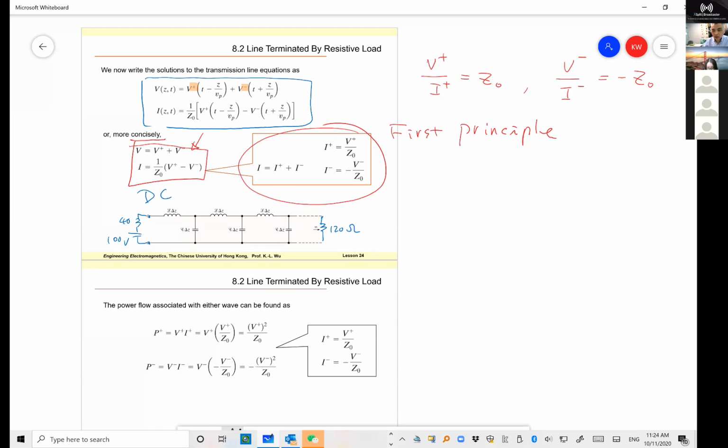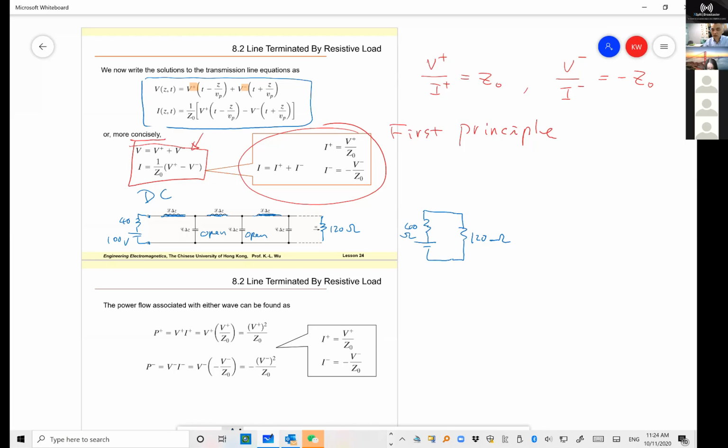To DC, all the inductance becomes a short circuit and all the capacitance becomes open. So that's why this becomes this. That is for steady state.